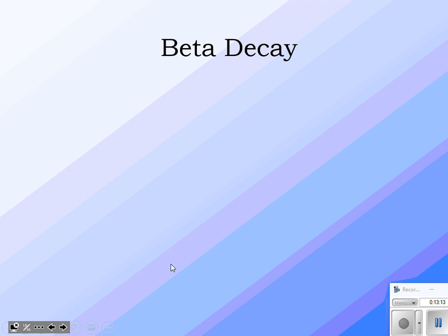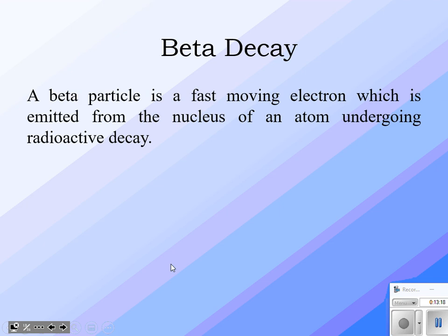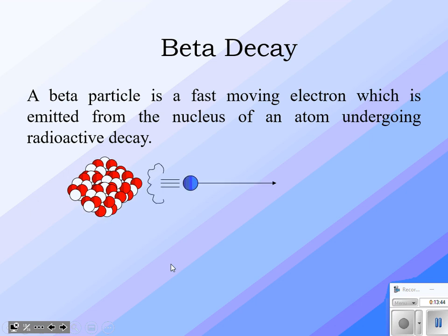Now, beta decay is different. A beta particle is a fast-moving electron, which is emitted from the nucleus of an atom that's undergoing radioactive decay. So the beta particle is a fast-moving electron. Here's how I'm symbolizing this little blue guy right here.